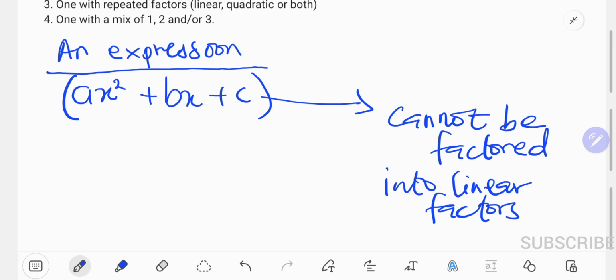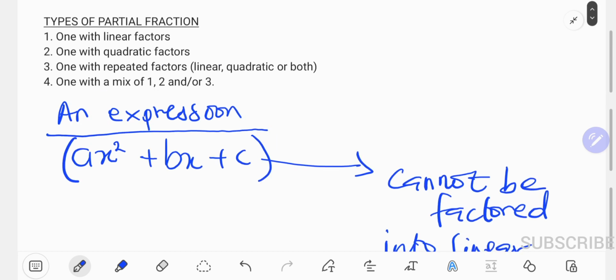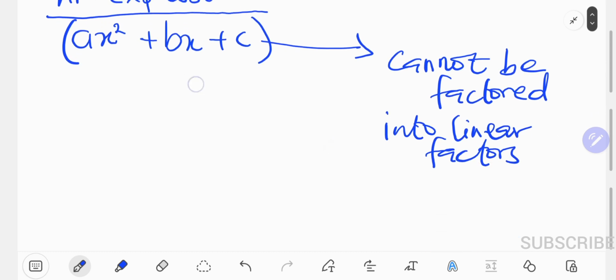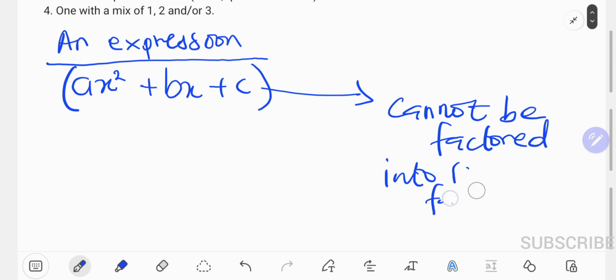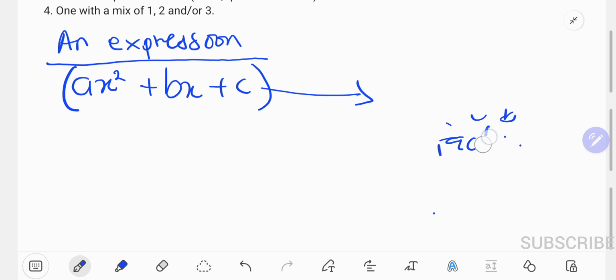But if it can be factored into linear factors, then we have to do that and then go with the first method I've already shown in my previous video. If you have this form of partial fraction, now there's a way to resolve it.